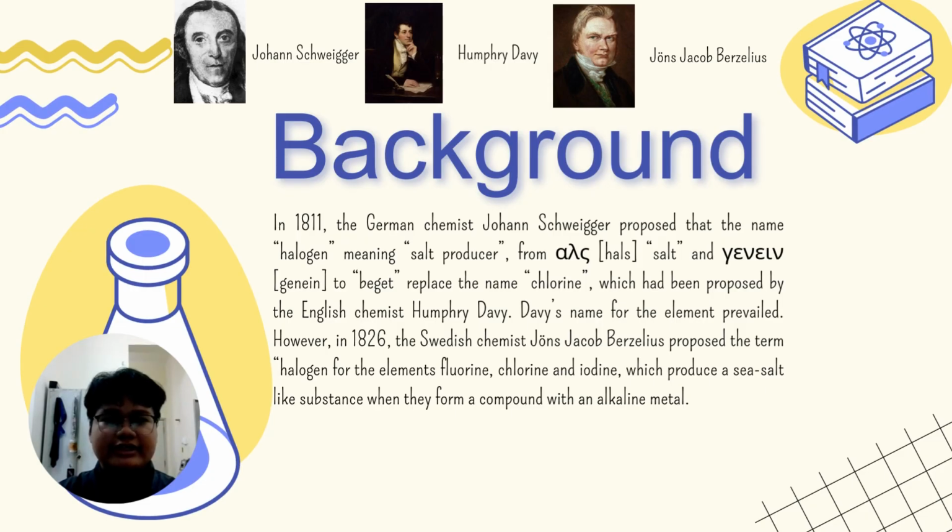Davy's name for the element prevailed. However, in 1826, the Swedish chemist Jöns Jacob Berzelius proposed the term halogen for the elements fluorine, chlorine, and iodine, which produce a sea salt-like substance when they form a compound with an alkali metal.